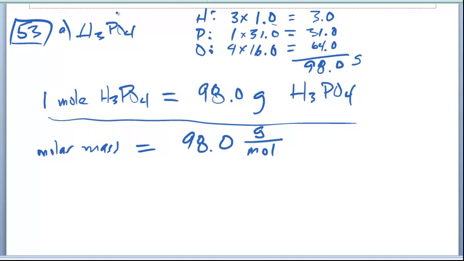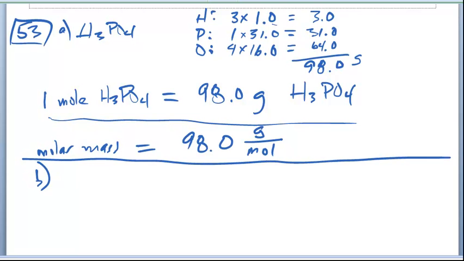So if you're talking about phosphoric acid, the molar mass is 98.0 grams per mole, and I think you can see why it's grams per mole, right? If you have 1 mole, the equivalent mass is 98.0 grams. For every mole, you're going to get 98 grams.